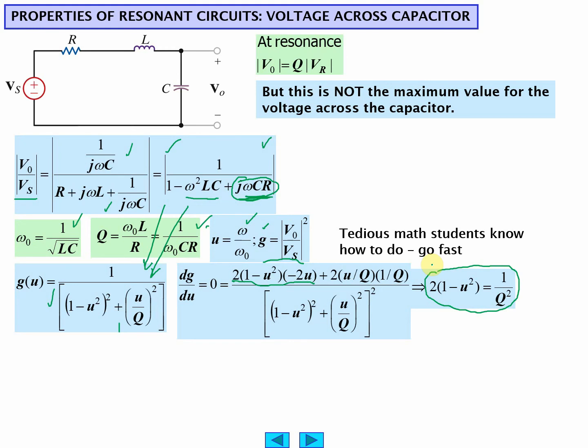And solve for when the voltage across the capacitor is maximized, the conditions for when it's maximized. So we can find the omega when it's maximized. That's what omega max is. When is the voltage the maximum across the capacitor? And it's something less than the resonant frequency. A little bit less.